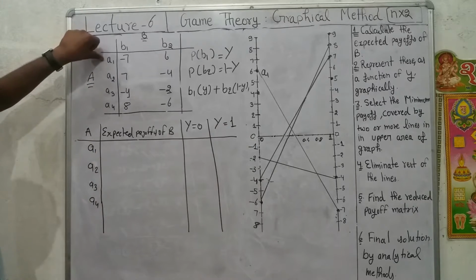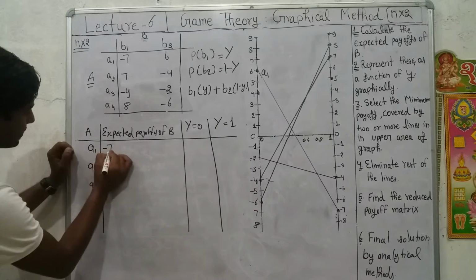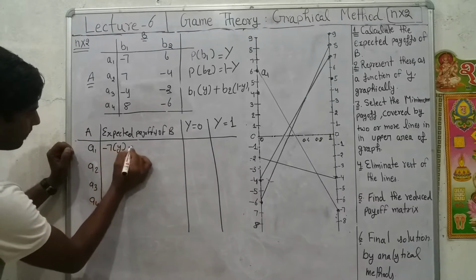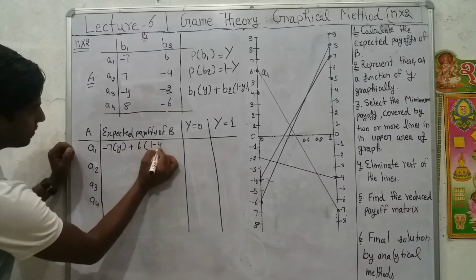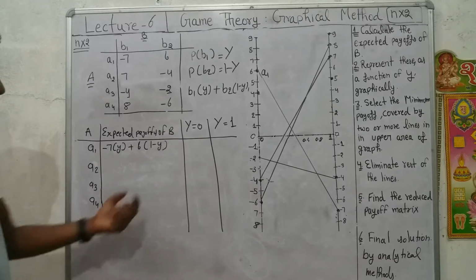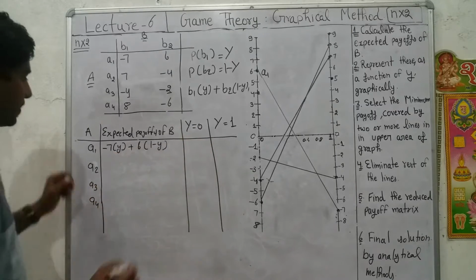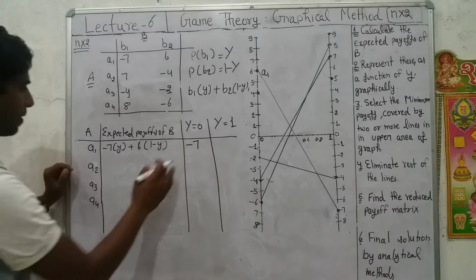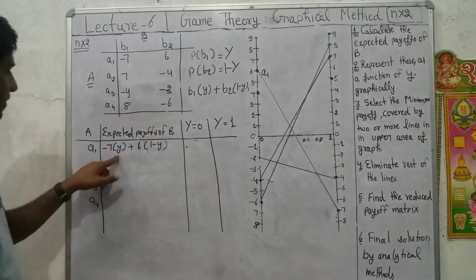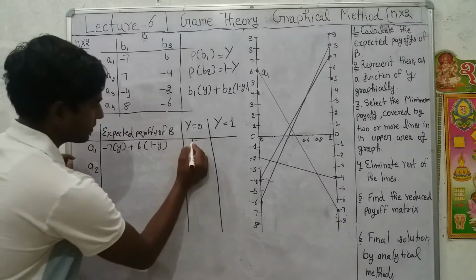In response to A1 strategy, the expected payoff would be minus 7 into Y plus 6 into 1 minus Y. And if Y is equal to 0, then the value of this payoff would be minus 7 into 0, 0, 6 into 1, that is equal to 6.